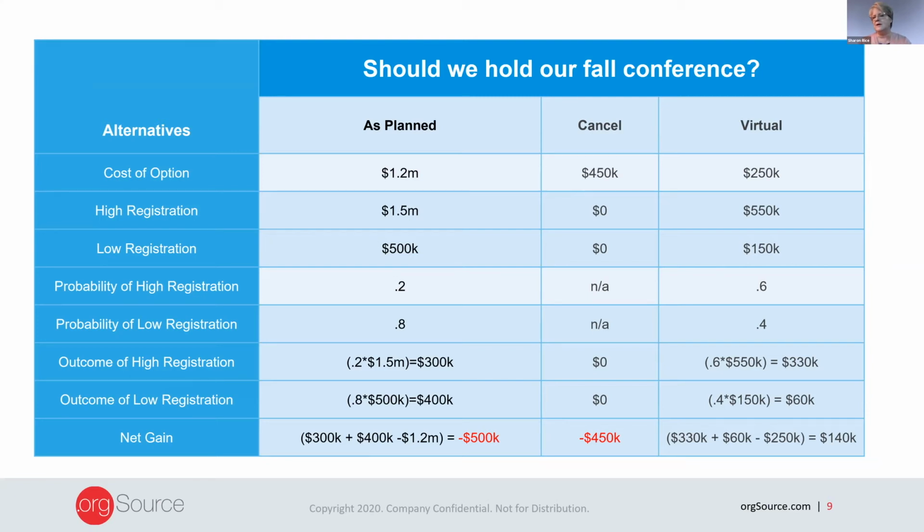And I'm not putting staff time in here, and I'll talk to you a little bit more about overhead and whether to put overhead in or not, but just know that I'm not putting overhead here. So we don't have registration, so there's no reason to go through the exercise of looking at high registration and low registration. We're not looking at probabilities, and the outcome we just know is a loss of $450.